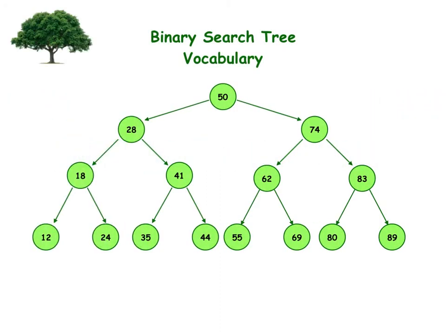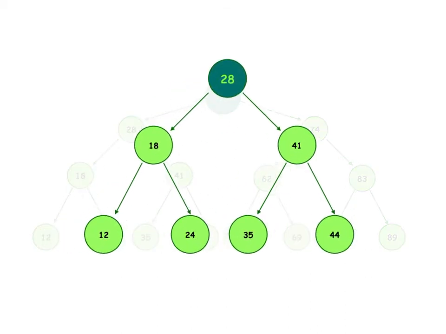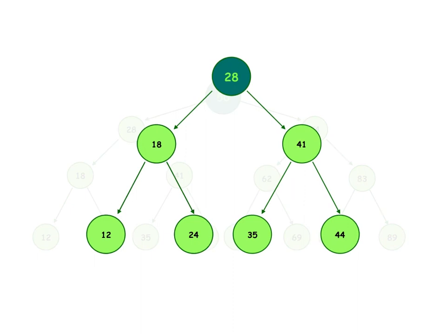Alright, well, before we get into how binary search trees work, let's just introduce some more vocabulary. Here's my entire tree. The node at the very top of the tree, we call that the root of the tree. Now, if you look to the left of the root, you'll see a mini tree. You say 28 is the root of that mini tree.